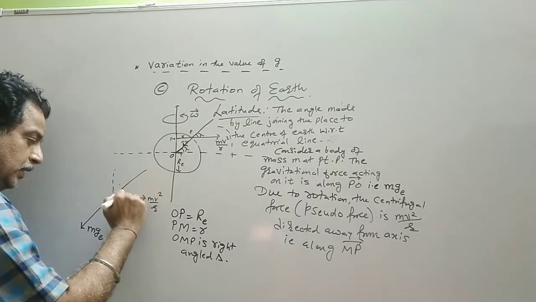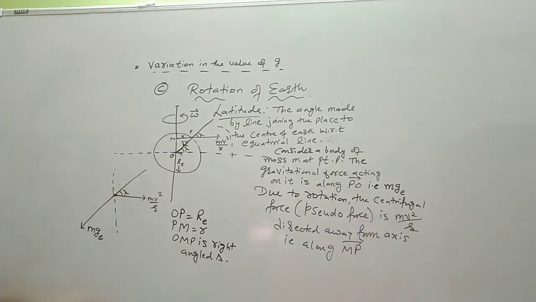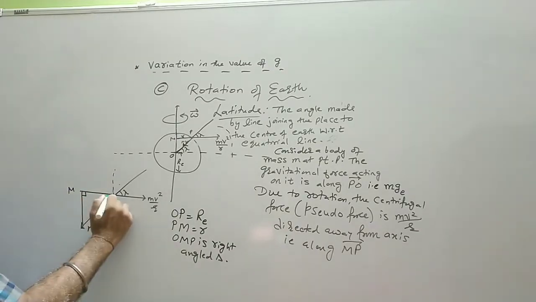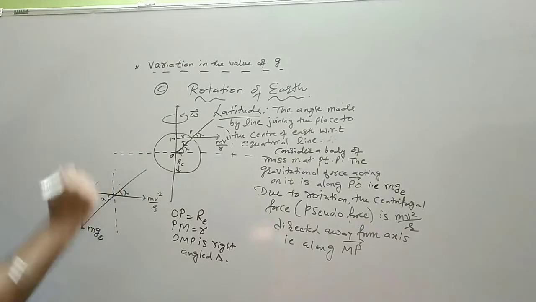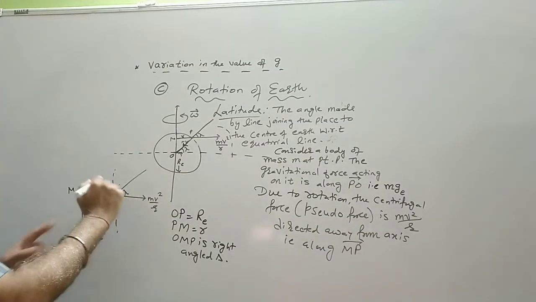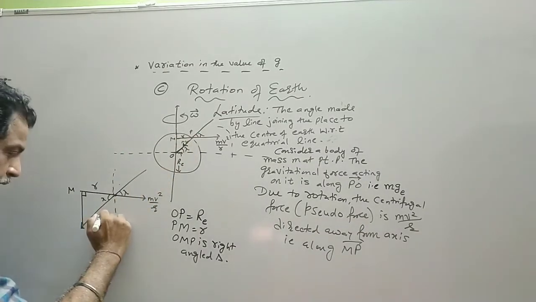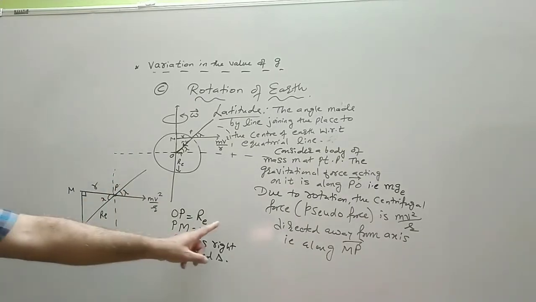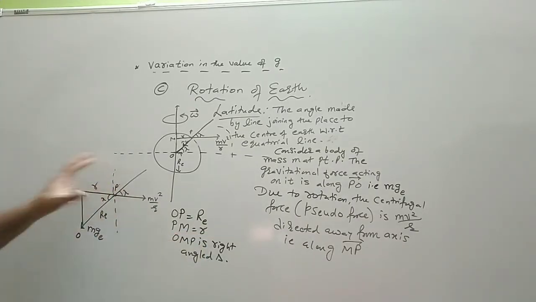This angle is lambda. And here we join this point. We have a right angle at M. This angle is also lambda. This is R, which is clearly the radius of the earth. So from point P to O is the radius of the earth. So this is the geometry.